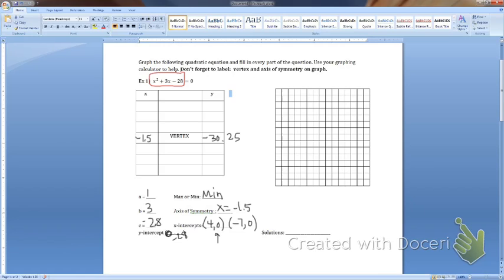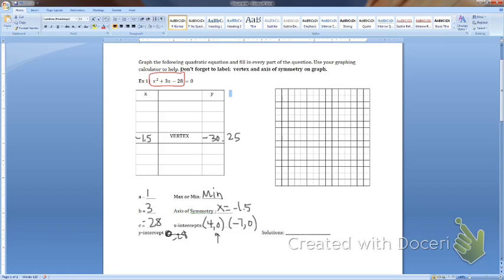Remember, x is right beside the green button, and then your squared is down the left side. Making sure you have enough time to put it in. Alright, if you hit graph, you'll notice that the graph goes off the grid, off the screen.